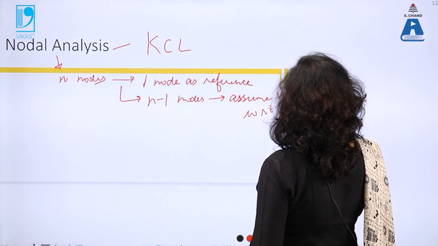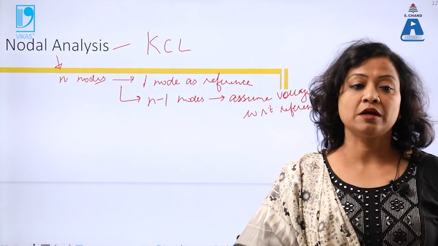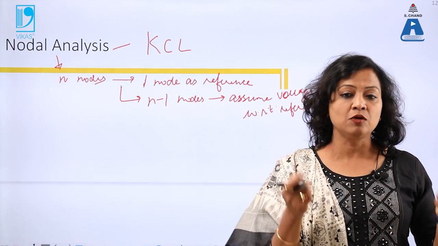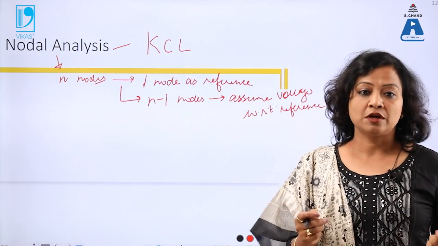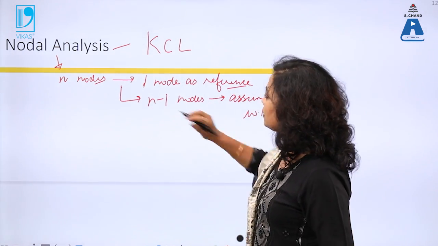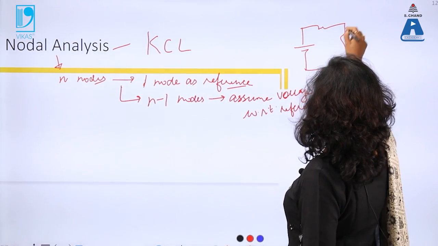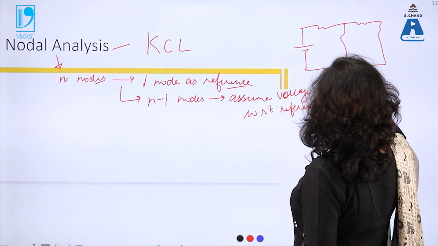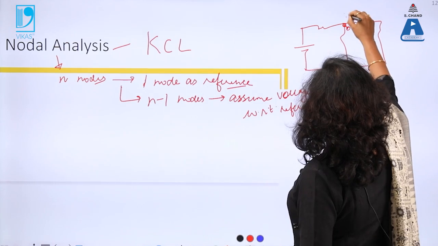Now why have we done this? Because voltage cannot be obtained at a single point. We require two terminals between which we measure the voltage. So one is the reference point, another point is the node. For example, if I have a circuit like this, this is taken as reference and I assume the voltage of this node as V1.